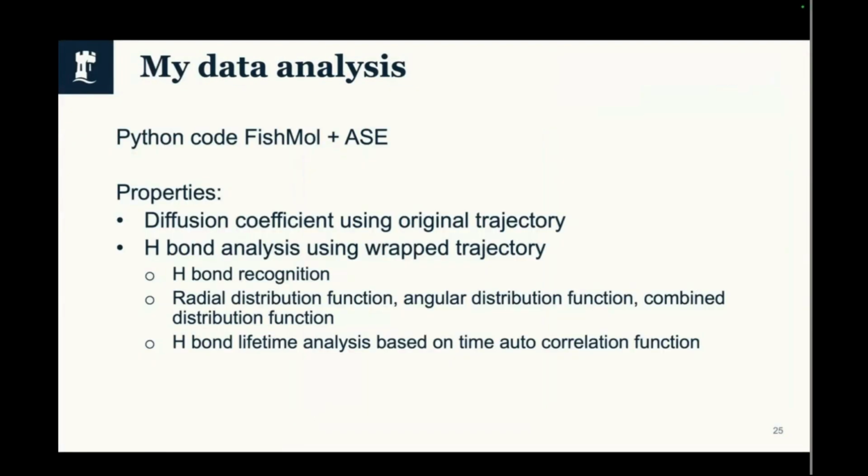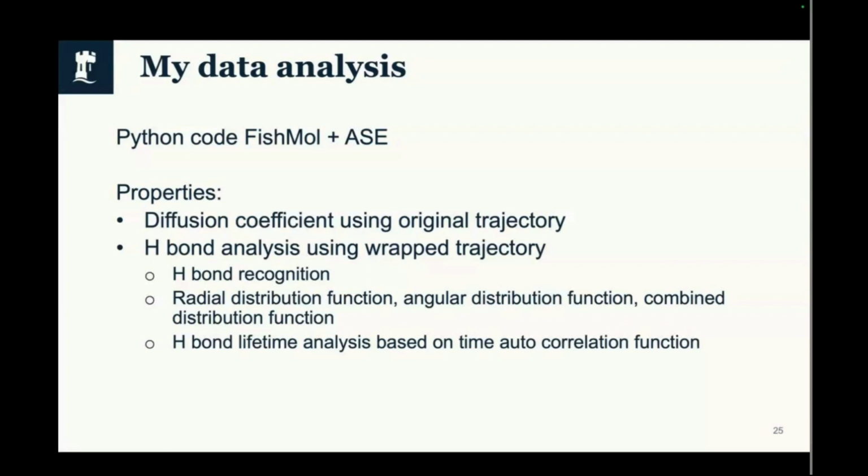So the data analysis is Python based. Basically it's Fishmole, which is developed by ourselves, and also ASE. We calculated the diffusion coefficient using the original trajectory, and then we also did hydrogen bond analysis using the trajectory where all atoms are wrapped within the simulation cell.